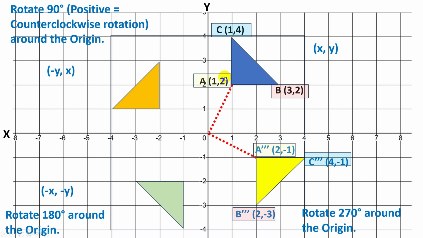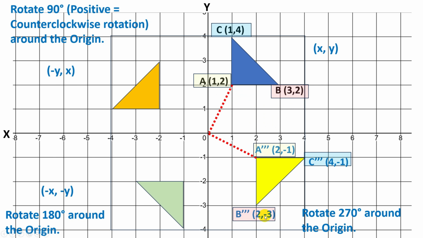So if we compare the first coordinates with these, we can see the rule. Here A is (1, 2), and here it is (2, -1). So we're flipping it and making the y coordinate negative. For B it's the same: we start with (3, 2) and finish with (2, -3).